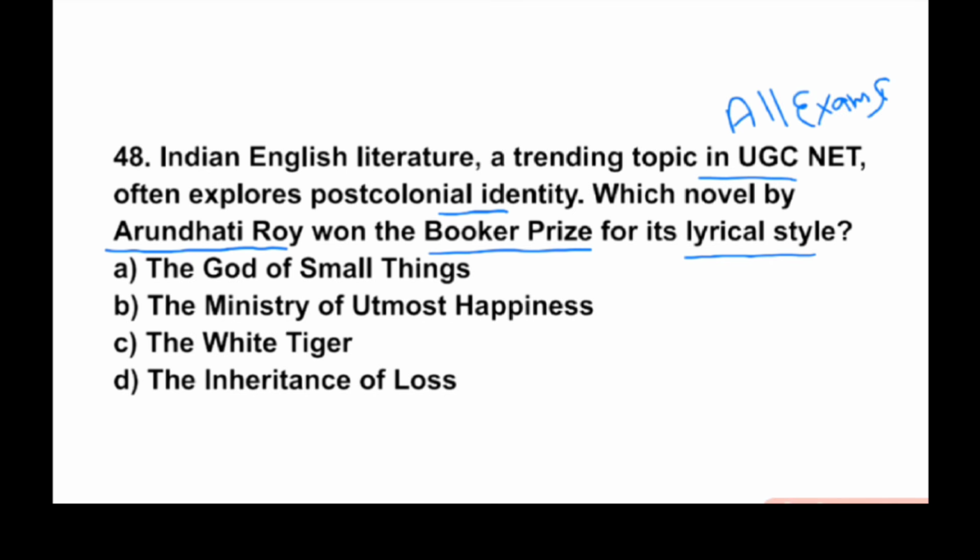Option A, The God of Small Things. Roy's The God of Small Things, 1997. Uses non-linear narrative to explore caste and family. A post-colonial canonical text.